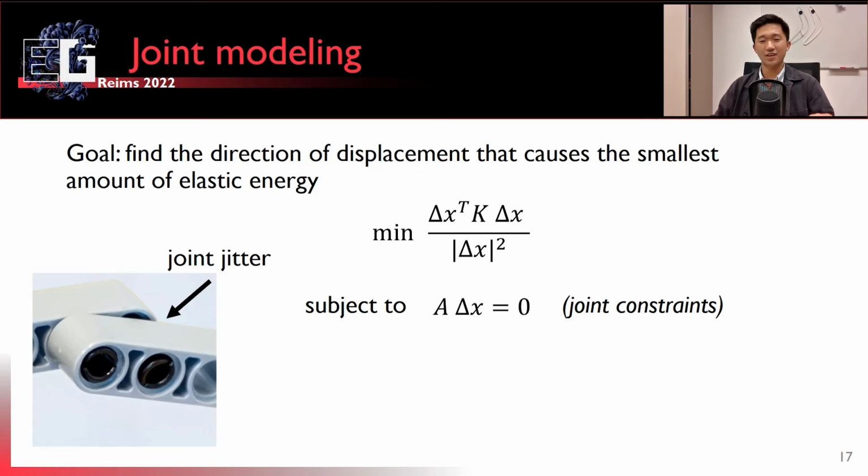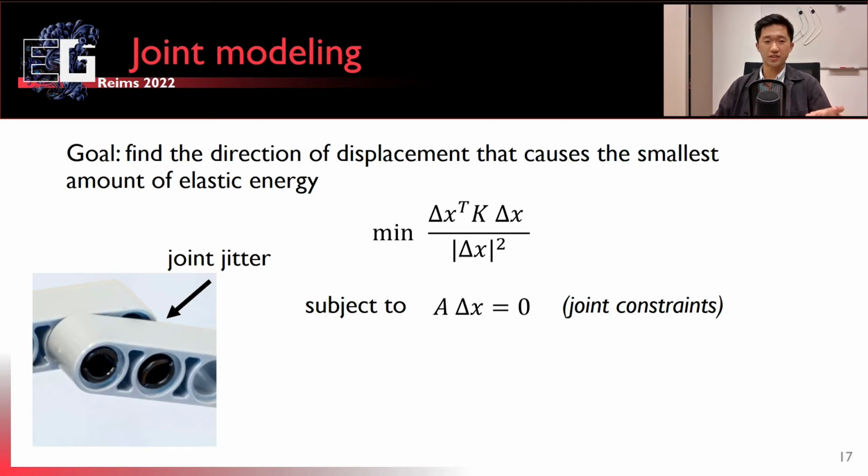All the motion that is not allowed by the joint shall be perfectly eliminated from the solution space. However, in reality, because of the existence of joint jitter, that is in general not true. For example, this hinge joint is supposed to cancel out all the relative translation, but because of the joint jitter, we can still see a little bit of jitter happening on the joint.